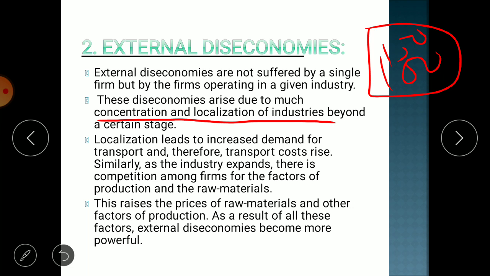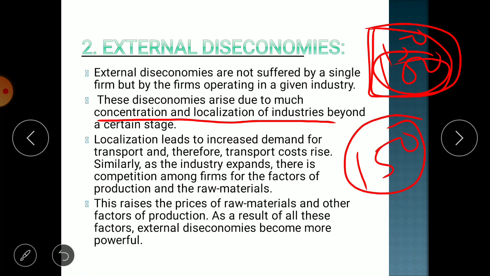Take an example that these resources are available to satisfy the need of 100 units only. But if 150 units are established over there, then demand for the resources will increase and supply will be in scarcity, because resources are there only for 100 units. So supply is less, demand is more, your cost will be more.